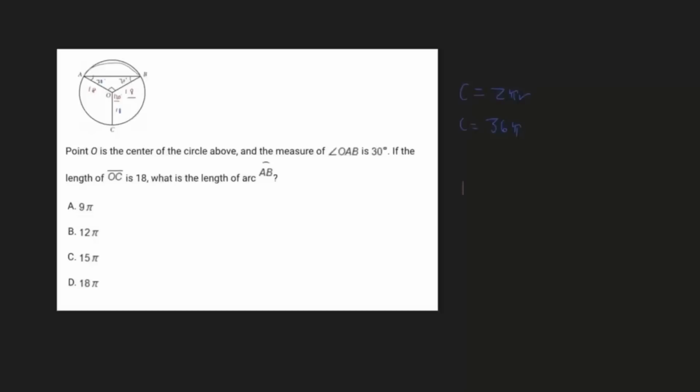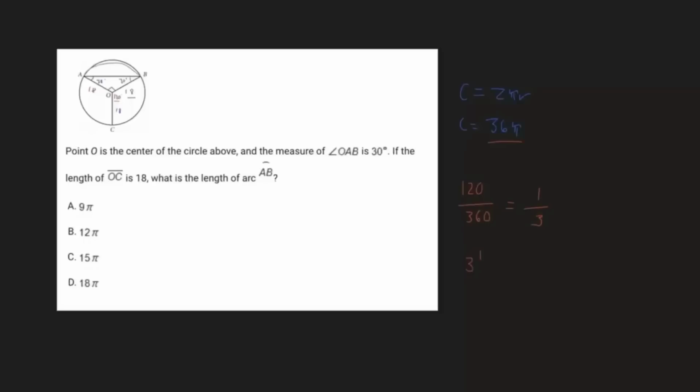So we have 120 degrees over 360, which in itself is just 1/3, right? So what we want to do is just take 1/3 of that circumference, which we know is 36 pi.